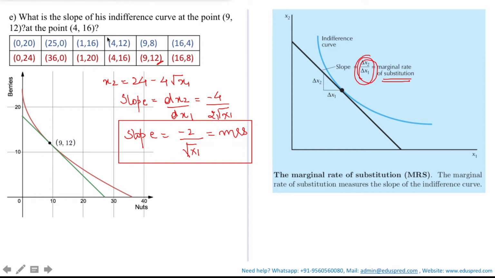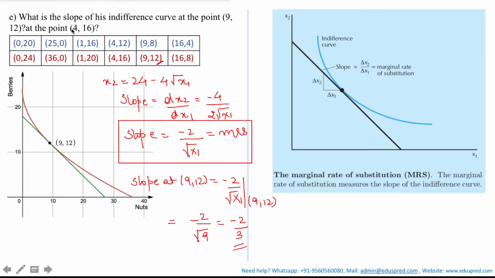The question is asking us to evaluate the slope at the point (9, 12). So we have the slope at (9, 12), which means we have to evaluate this expression at the point (9, 12). So minus 2 divided by square root of x1 at the point (9, 12). Substituting the value of x1 into this expression, it will be minus 2 divided by square root of 9, which is minus 2 divided by 3. Thus, the slope of the indifference curve at the point (9, 12) is minus 2 divided by 3.